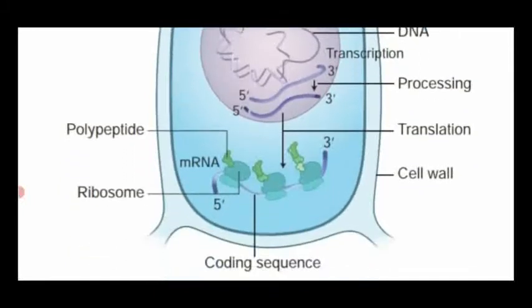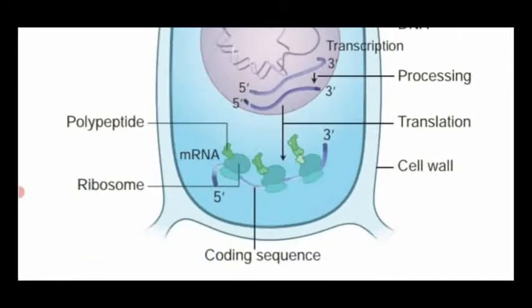Then after that, the product of transcription is transported through the nuclear pore. That means the minute openings present in the nuclear membrane are known as nuclear pores. Through the nuclear pore, the end product of transcription enters into the cytoplasm.